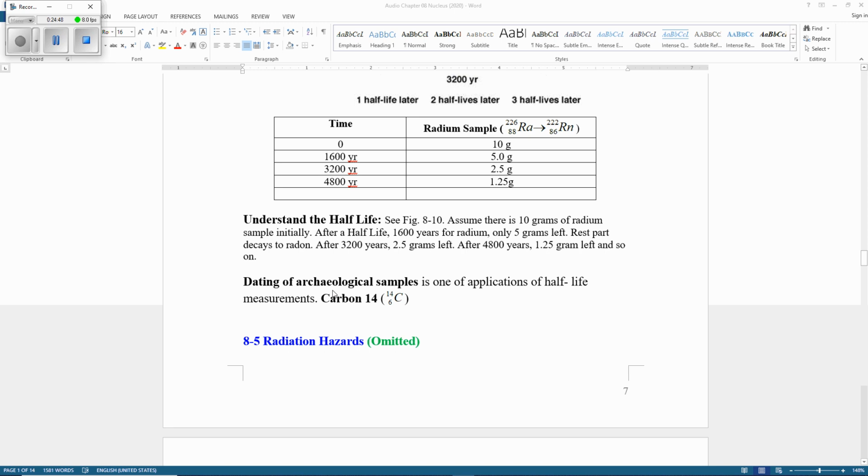Every half-life, around 6,000 years, the carbon-14 is going to reduce to half. Another 6,000 years, it reduces to half of the half, 25% left, and so on. By measuring how much carbon-14 is left, scientists can estimate the age of fossils.